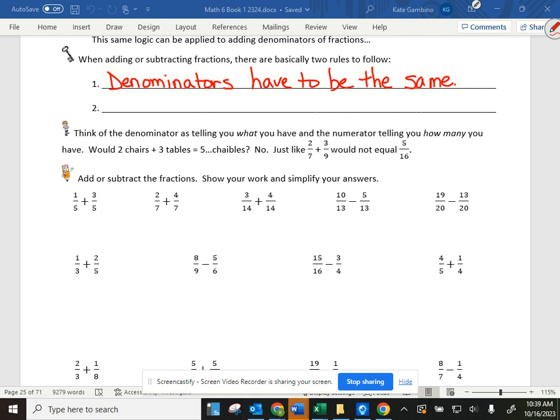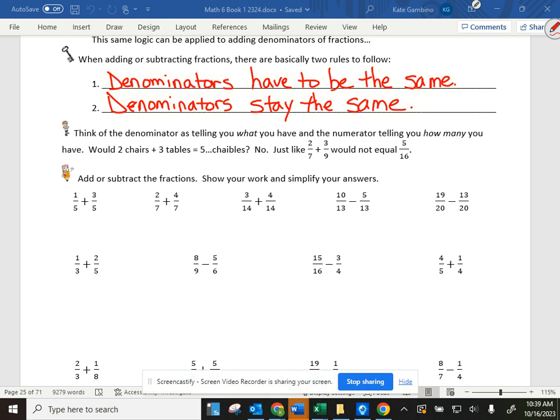Our second rule is denominators stay the same. So we have to make sure the denominators are the same, and then when we're adding, they stay the same. So we only add or subtract the numerator. Denominator always stays the same.